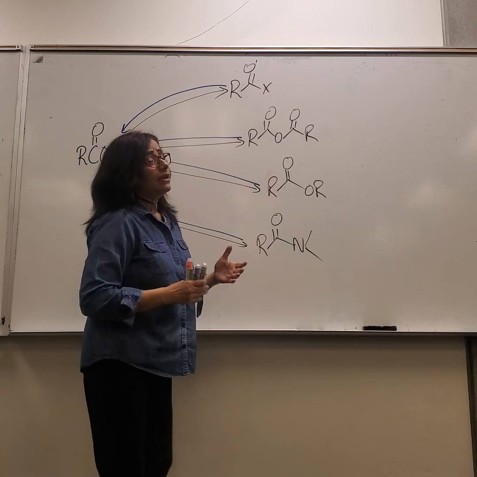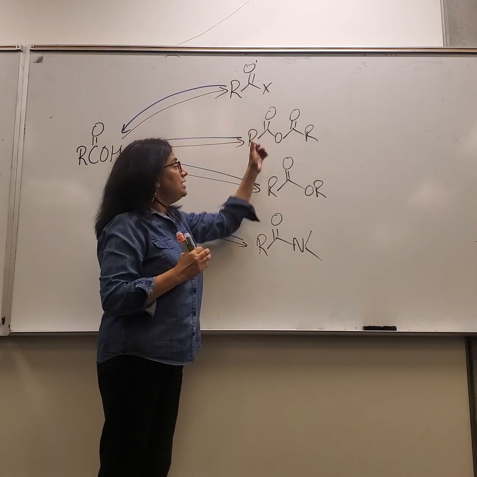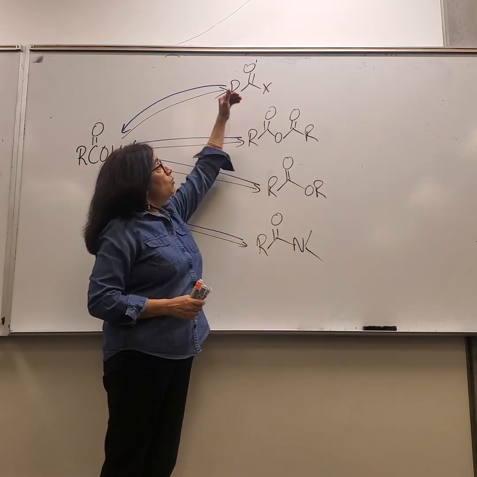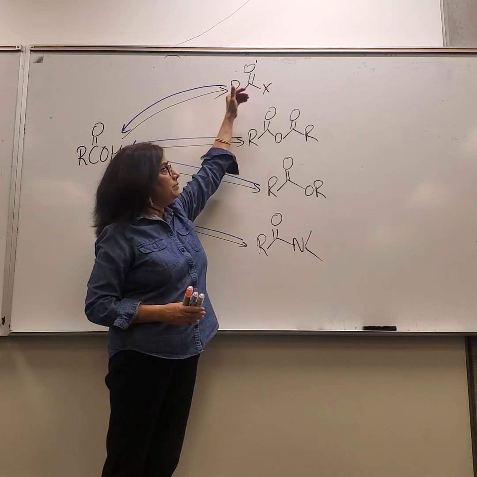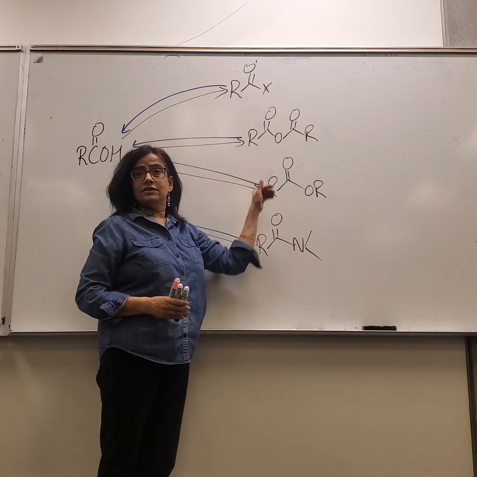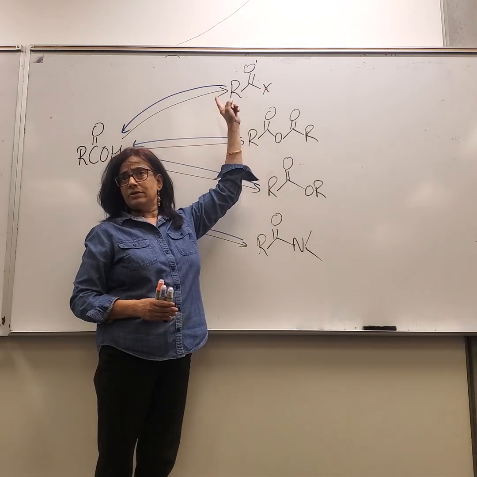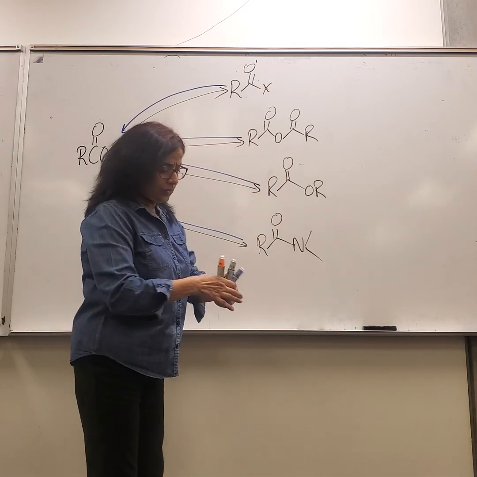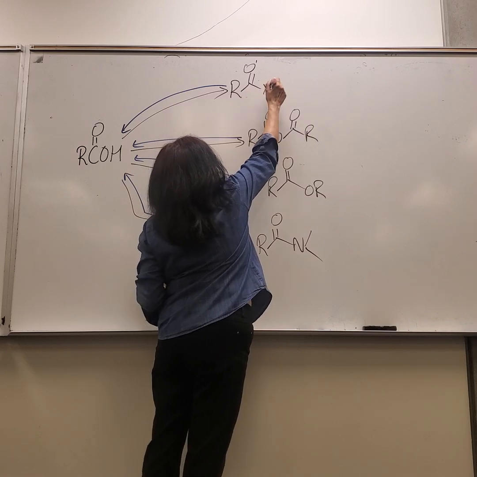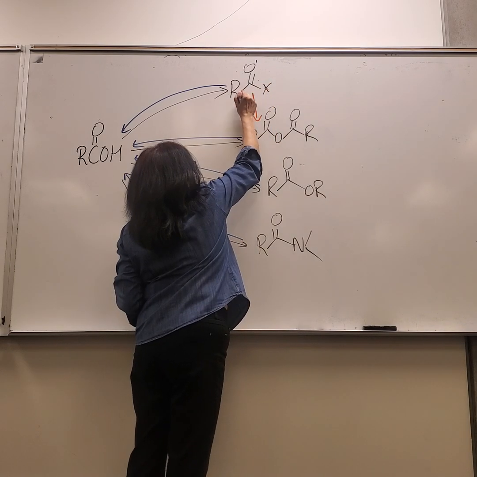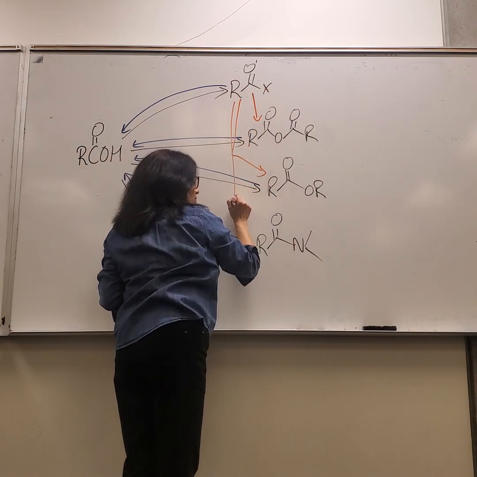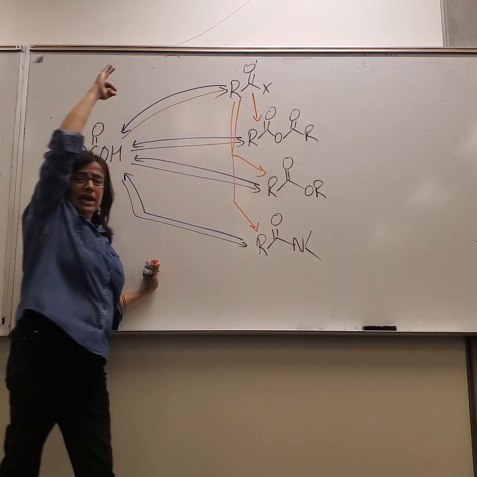Then we also said that the more reactive can be converted to the less reactive, but not the other way around. So we will see how acid halide can go here, can go there, can also go there, because it's the most reactive of all.